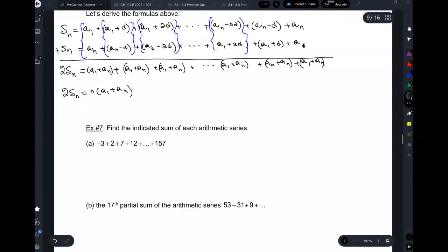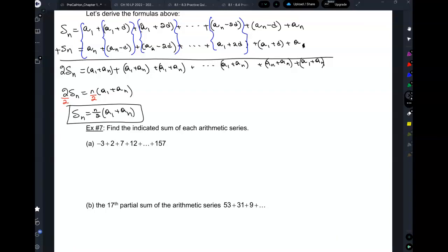Divide by 2. So SN is N over 2 times (A1 plus AN). And now, is this or is this not the first formula in that box? It is. It is the first formula in that box. So do you see where it comes from?